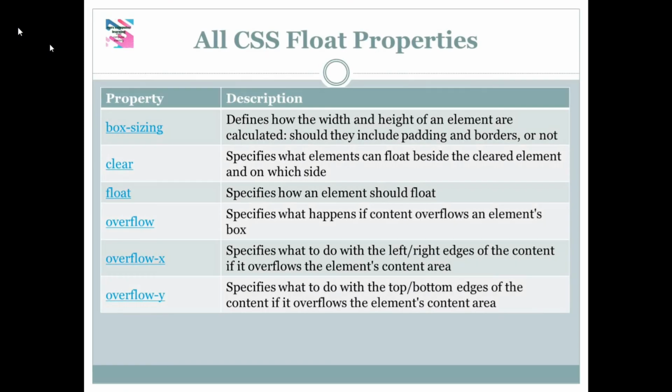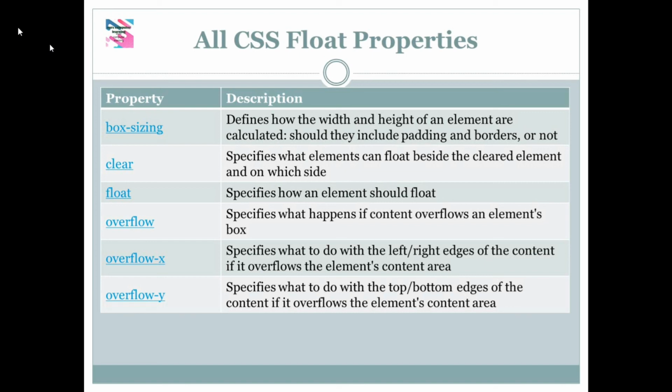So all CSS float properties together. Box sizing defines how the width and height of an element are calculated. Should they include padding and borders or not? Clear specifies what elements can float beside the cleared element and on which side. Float specifies how an element should float.